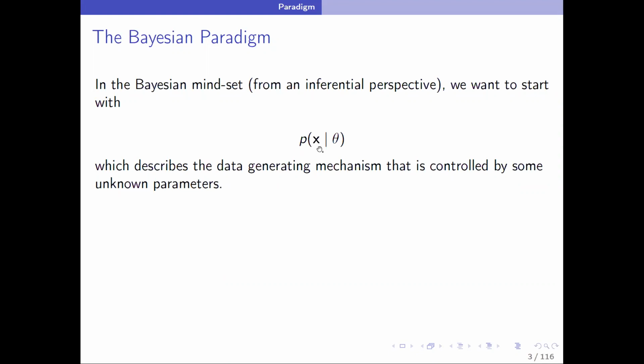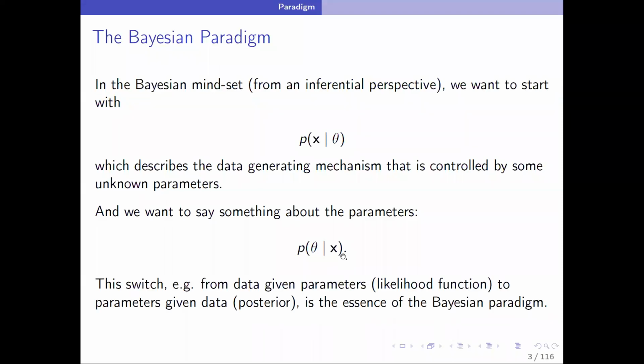We observe data X, generated and controlled by some underlying unknown parameter mechanism, and we want to flip them. We want to say something about the parameter given the data. This switch is also referred to as inverse probability.